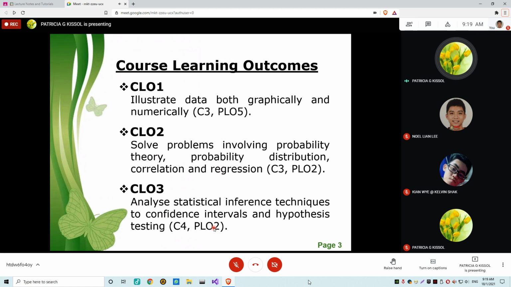So since all of you are doing your degree, and I think the administration has checked that you have not covered this syllabus before during your diploma and your foundation studies, that's why all of you are not exempted from this topic. You have to do this topic for this semester. Okay, so these are the learning outcomes that are intended for you to be able to master by the end of the semester.